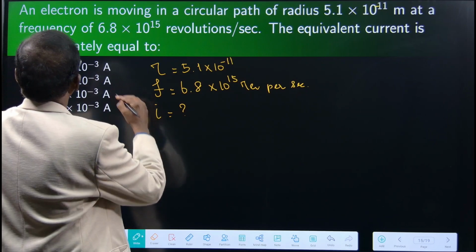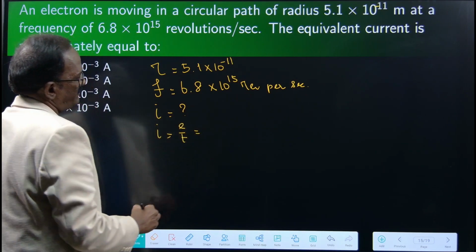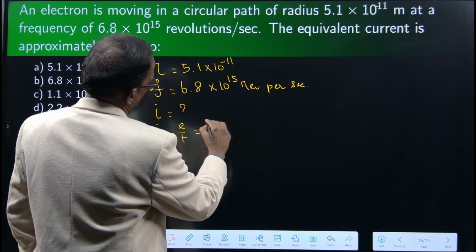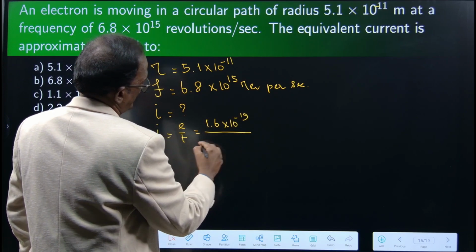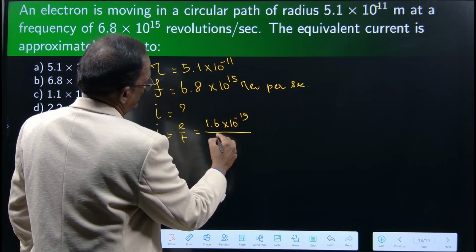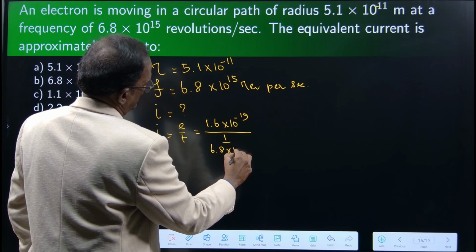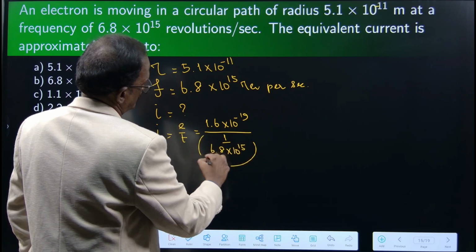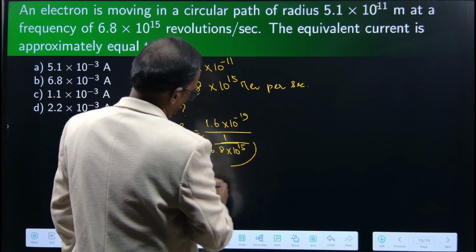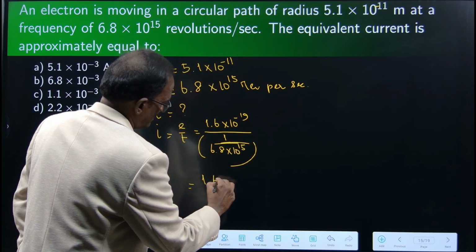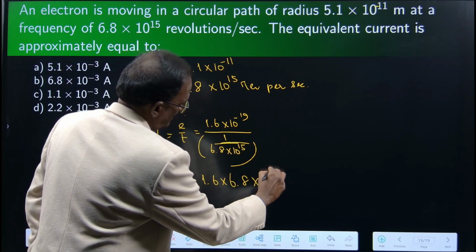Only one electron, so I is equal to E by T. E value 1.6 × 10^-19. T value is 1 by F. F is given, so 1 by 6.8 × 10^15. This is the time value. This will go up. So 1.6 into 6.8 × 10^15.